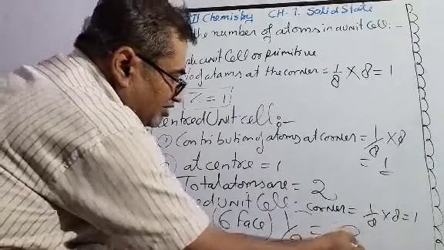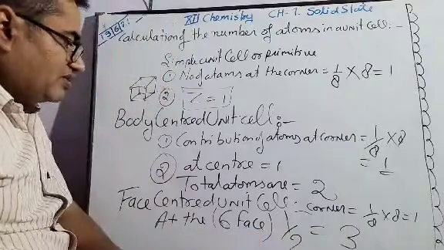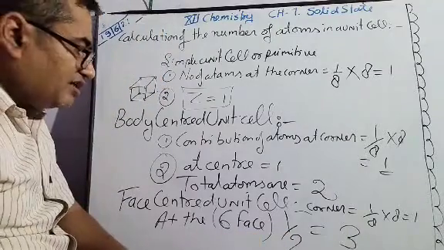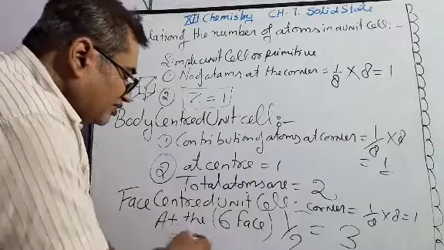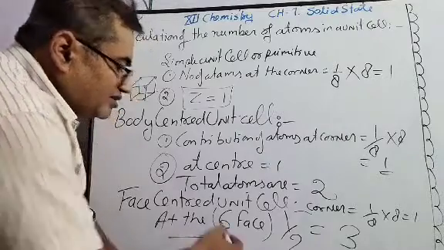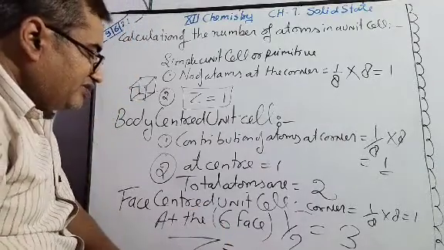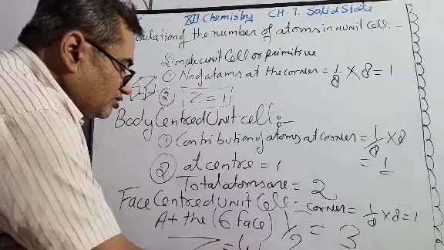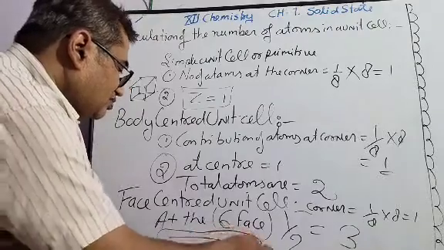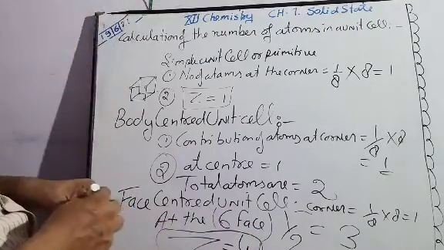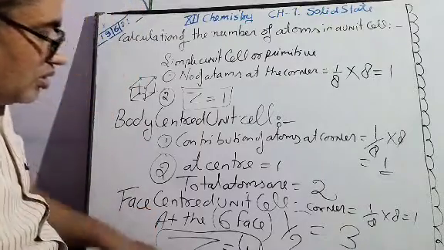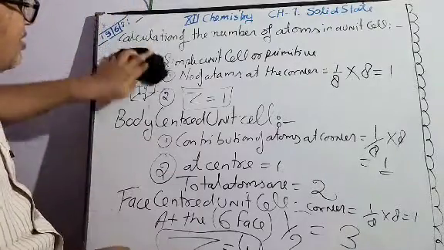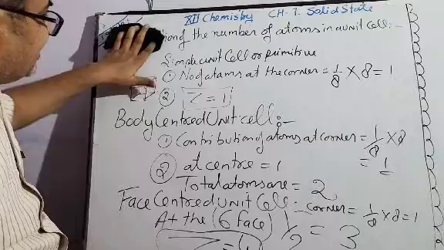It means a total of 3 atoms are present at the centers of all 6 faces. So the total number of atoms in a face centered unit cell is only 4, so Z will be 4. These were the 3 types of unit cell which contain 1, 2 or 4 atoms.